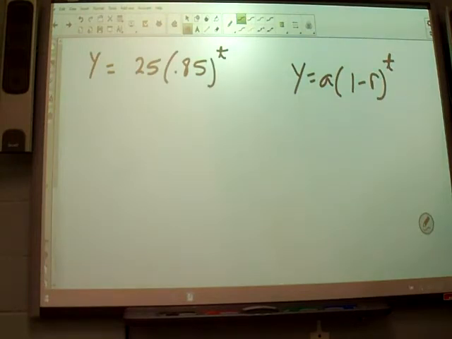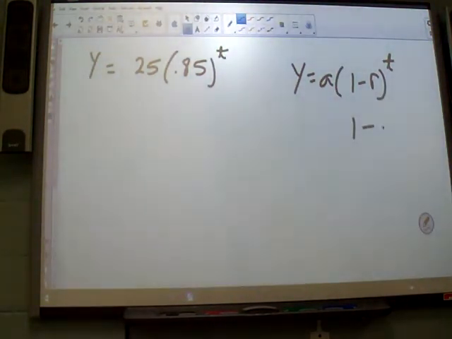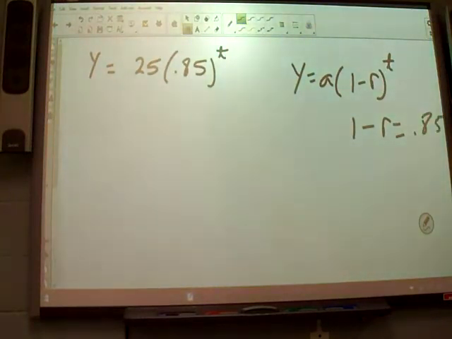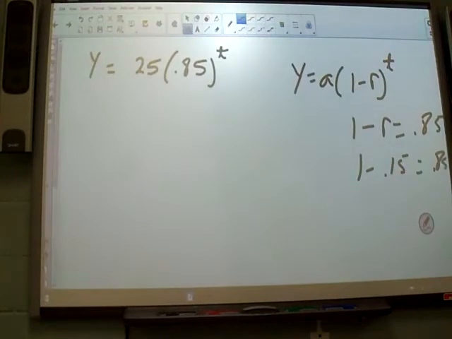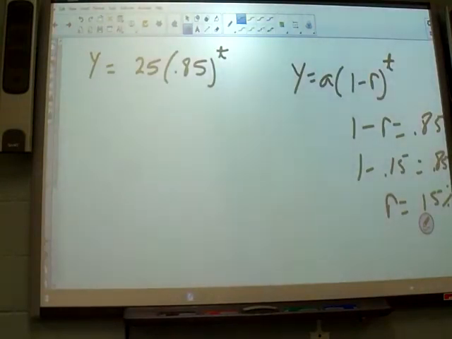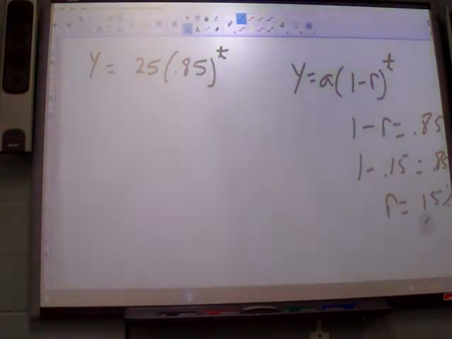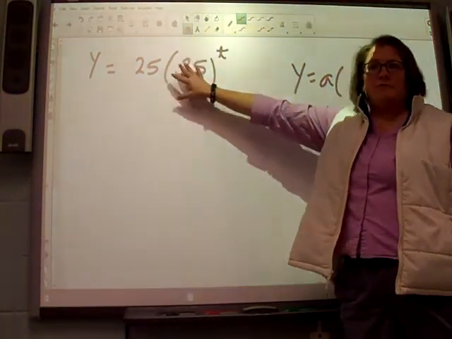So our R, because 1 minus 0.15 equals 0.85, our depreciation rate is 15%. So that car's losing 15% of its value every year. That told us what we were dealing with there.